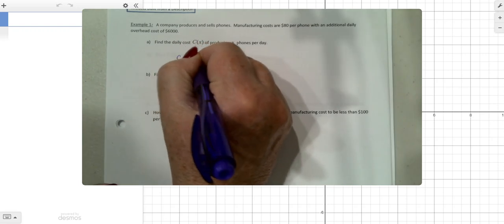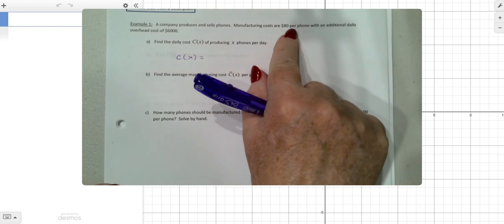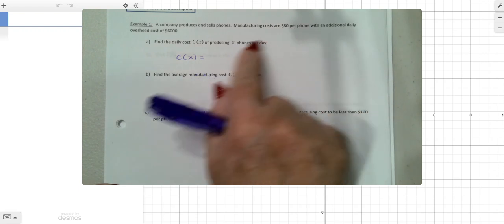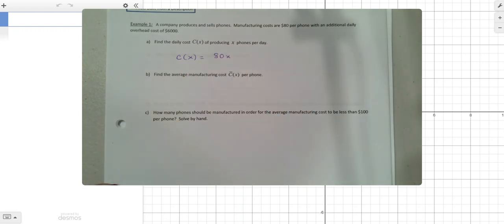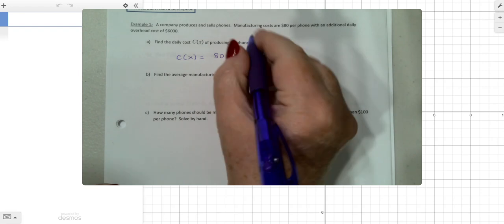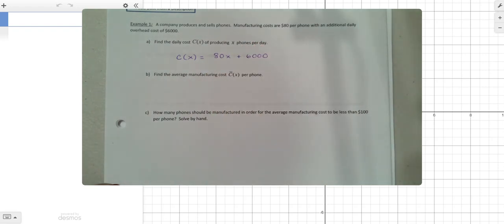That I think we can do just from the description. Costs us $80 for every phone we make, and we're making x phones, so that'd be 80 times x. Plus, we have that $6,000 overhead no matter what. So there's my linear function that's just the cost of producing my x phones a day.